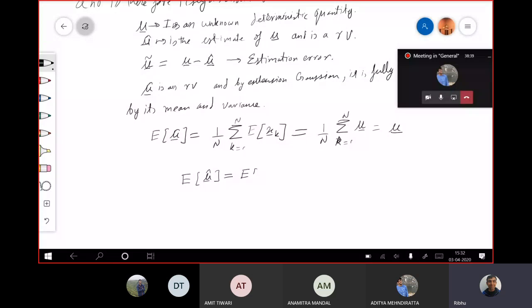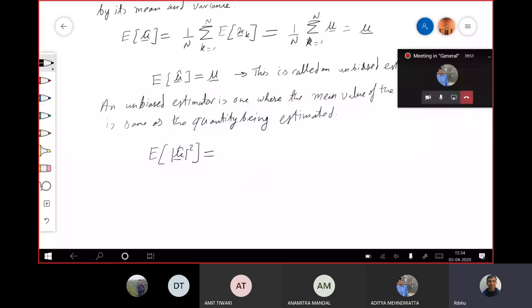An unbiased estimator is one where the mean value of the estimate is the same as the quantity being estimated. Fine. So now let's look at its variance. Expected value of mu hat squared, or let's look at its variance in one dimension, and that will make things clear in n dimensions as well.